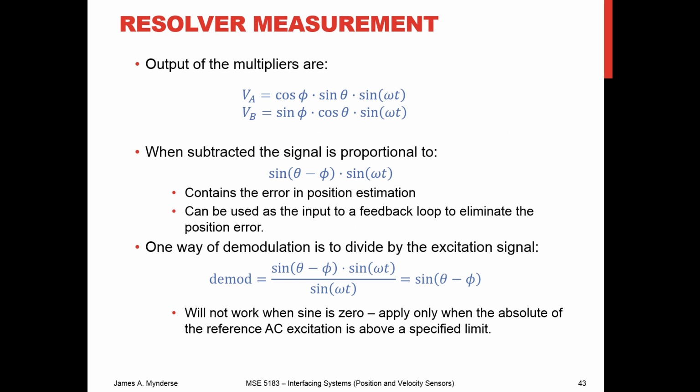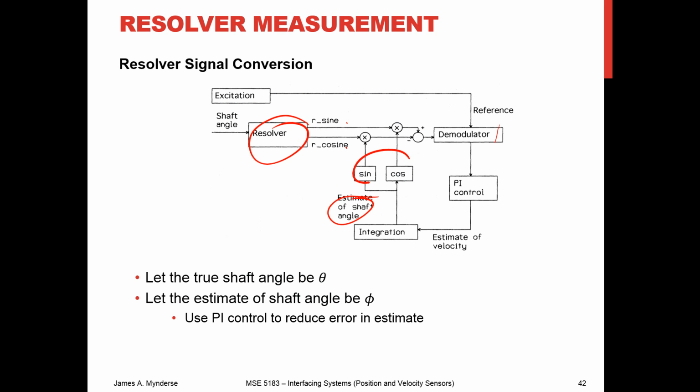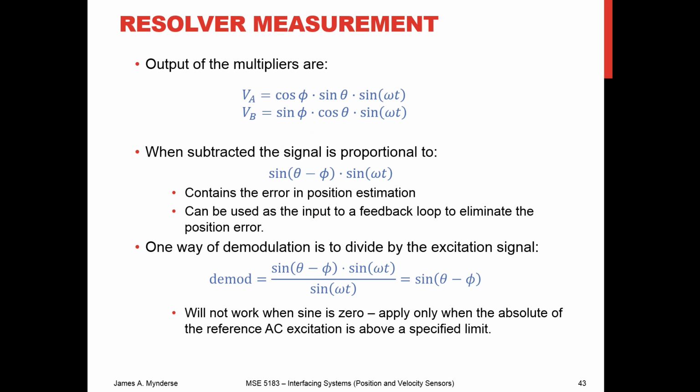So the output of the multiplier then, go back here, the output of these multipliers are going to be cosine phi, sine theta, sine omega t, where again this is the excitation, actual angle, and estimated angle. And so if you subtract them, you're going to get sine of theta minus phi.